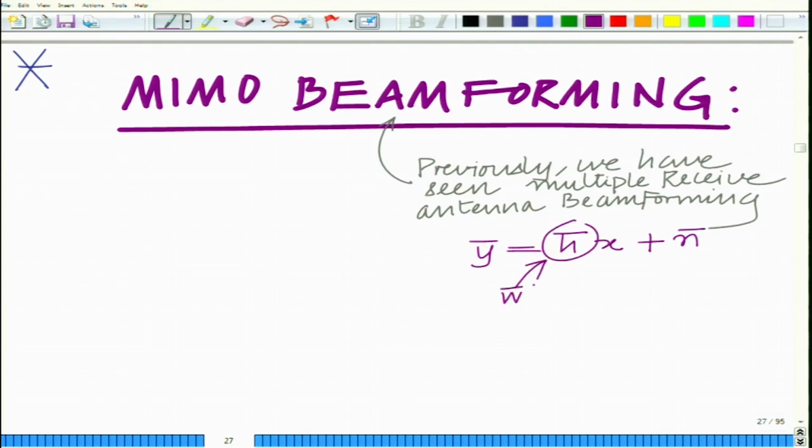The beamformer for this system is given by w bar equals h bar divided by norm of h bar. This is termed the MRC, or the maximal ratio combiner. We have seen this before.